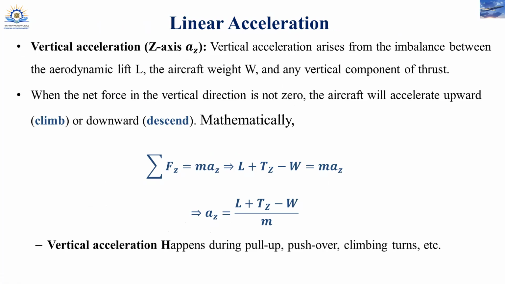When the net force in the vertical direction is not zero, the aircraft will accelerate upward or downward, climb or descend. Mathematically, the summation of forces in the Z direction is equal to mass times acceleration in Z. So what are the forces? Lift is there. The Z component of thrust is also there.